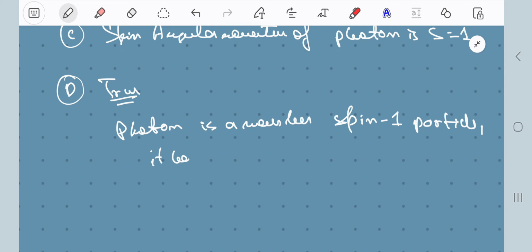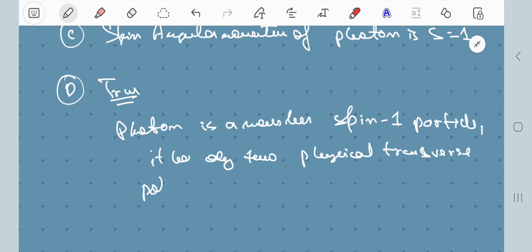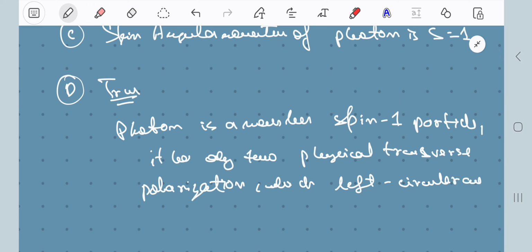It has only two physical transverse polarizations, which are the left circular and the right circular, in simple words, these are horizontal and vertical.